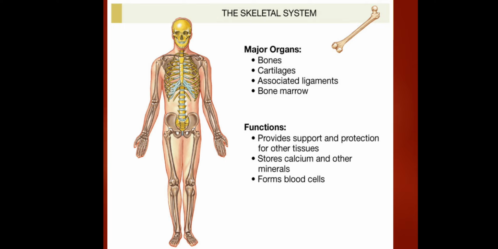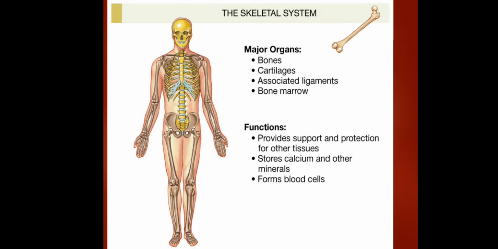So this is the representation of the major organs of the skeletal system and its function. I've already specified this in our first discussion, in the organ systems. I already introduced this to you.